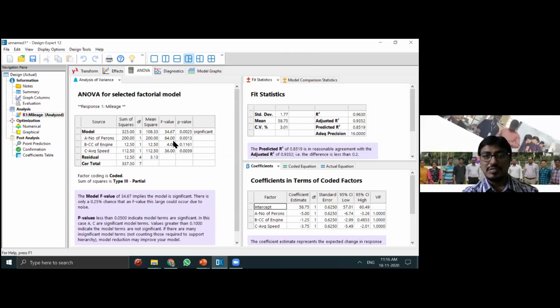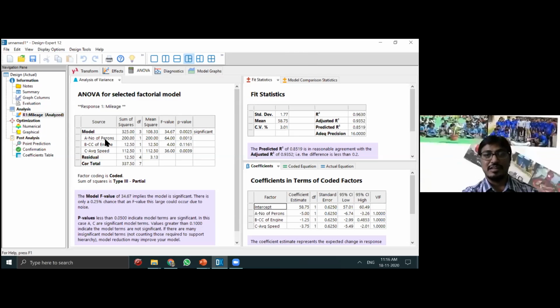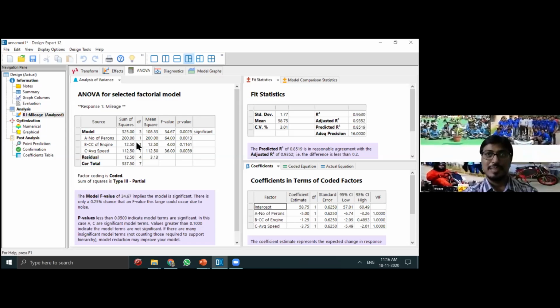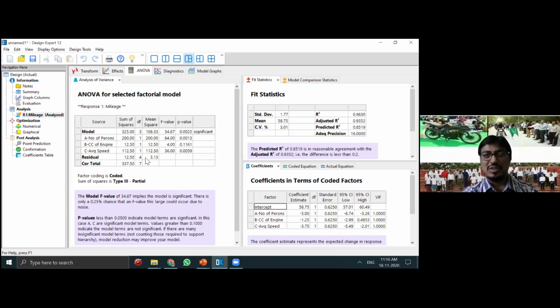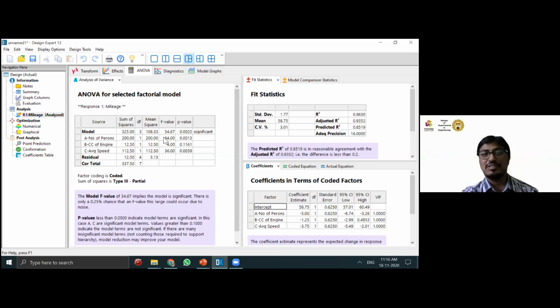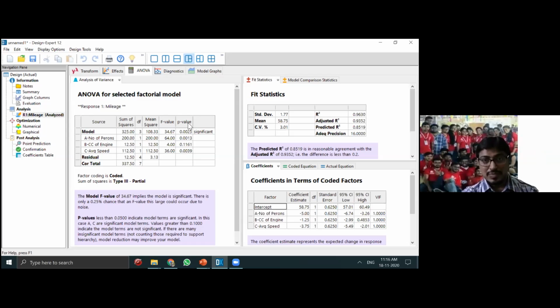Here, number of persons, that is factor A, is 64. What that means is this is the factor which is affecting the response more. The second factor, if you see, is 4, so it's almost minimal. The third factor is 36, so this is also a factor. So the first factor which is affecting the most is number of persons. The second factor is average speed.